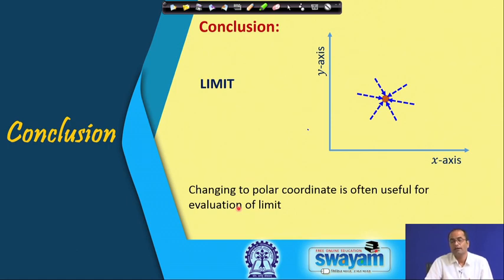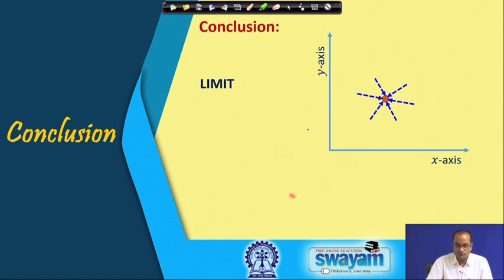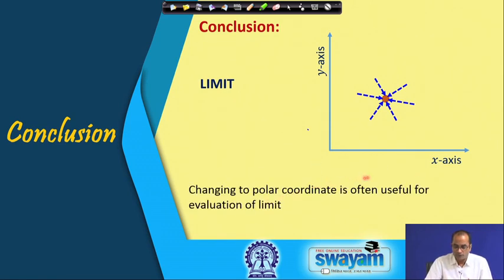So, if independently of theta we are approaching some number, we can conclude that that is the limit, but if the limit depends on theta, then it is a path-dependent limit, and therefore the limit does not exist. We will talk more on these issues, what could be the problem while changing the coordinate system to polar coordinates, and more examples later.